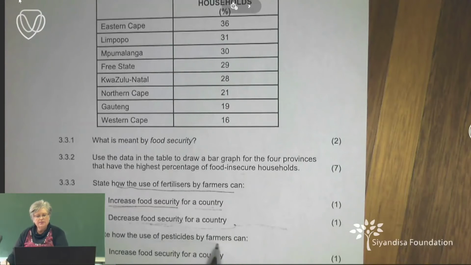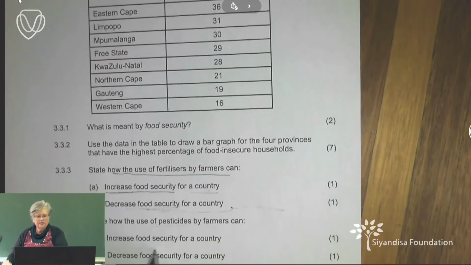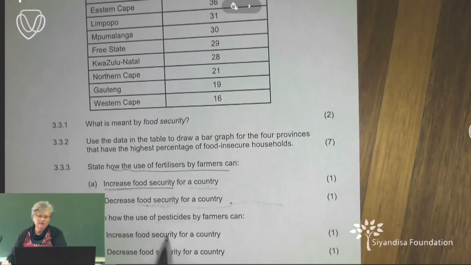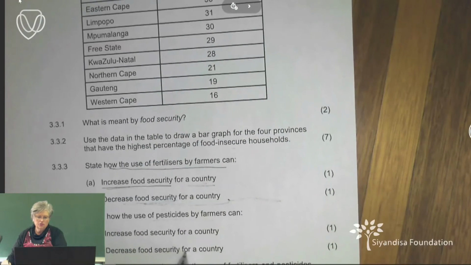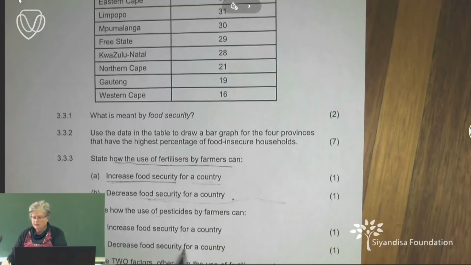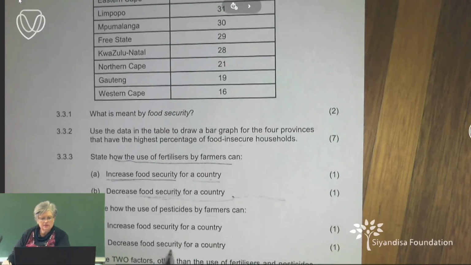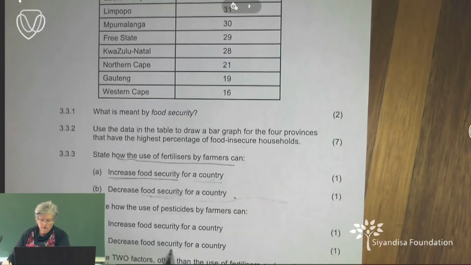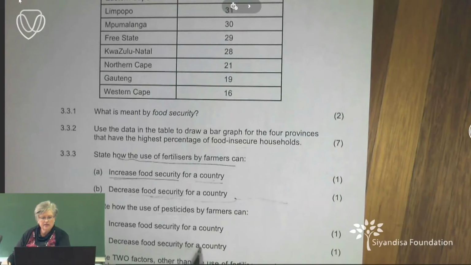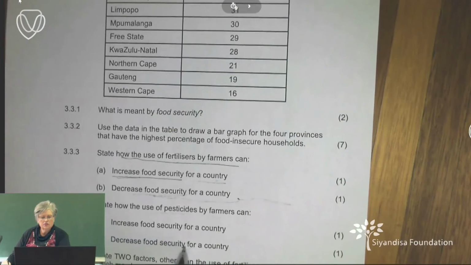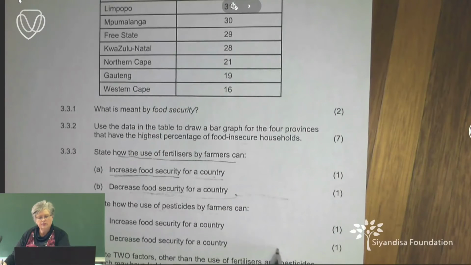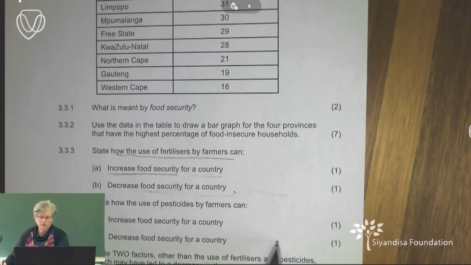State how the use of pesticides by farmers can increase food security, because it can create a healthier crop. It can also destroy food security, because if I use too much pesticide, it will destroy the predators that feed on the pests, and if they are destroyed, in the long term the pests will increase and less food will be produced.